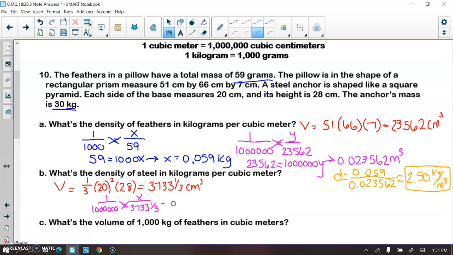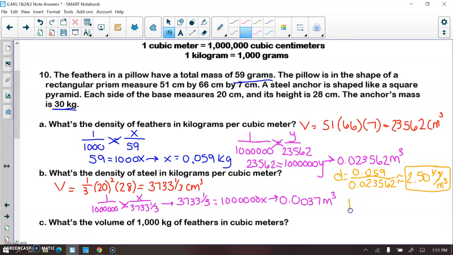Cross multiplying, I get that my volume in meters cubed, or cubic meters, is as follows. And this is an approximate, I just rounded.